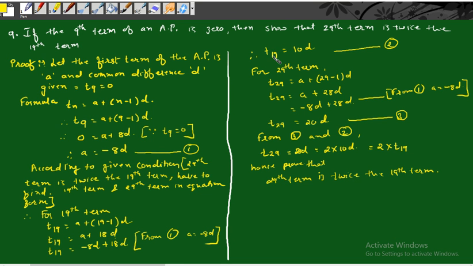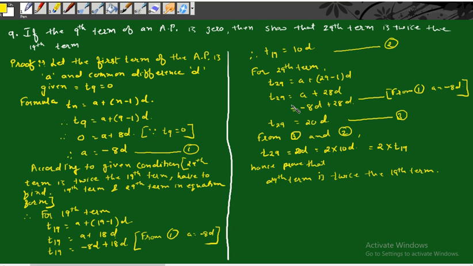So I will get T19 is equal to 10D. I'll call this equation number 2.